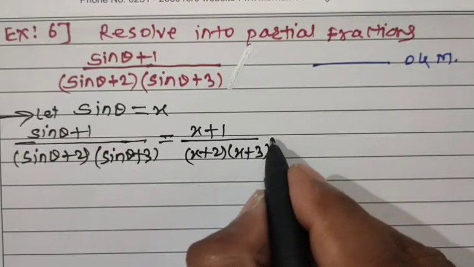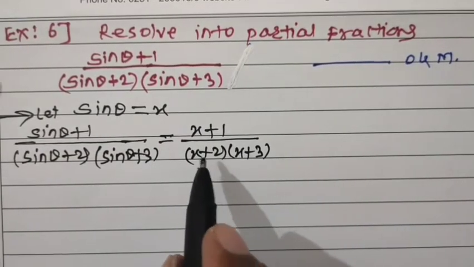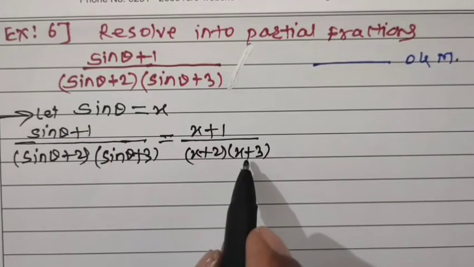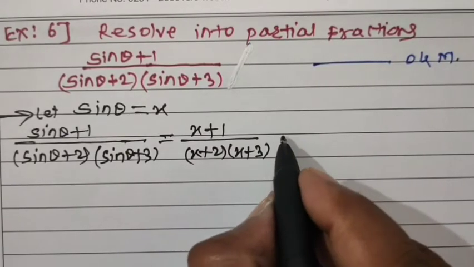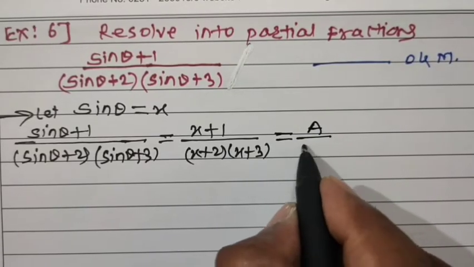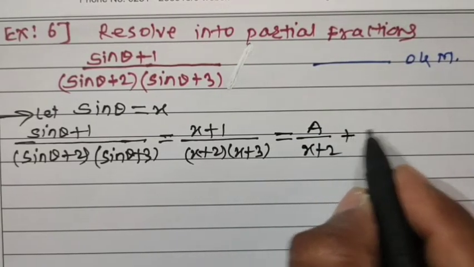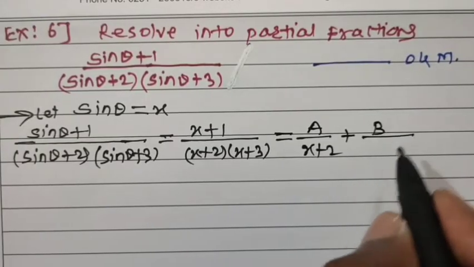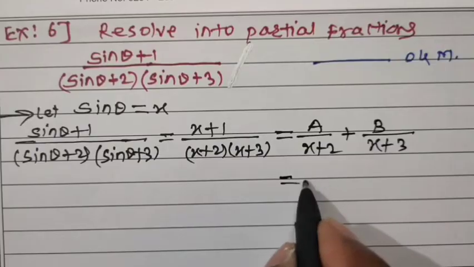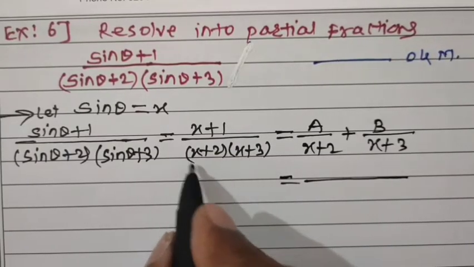Okay, and now denominator contains two linear factors. First one is x plus 2, second one is x plus 3. So this is equal to, we can express like this, a upon first linear factor plus constant b upon second linear factor. And now denominator of right hand side, that will be denominator of left hand side.